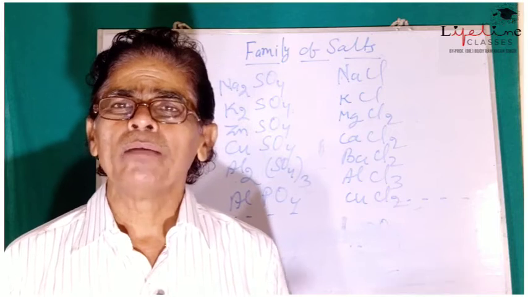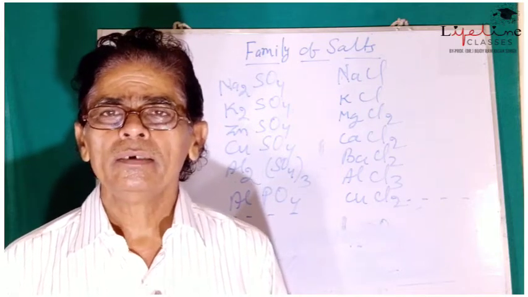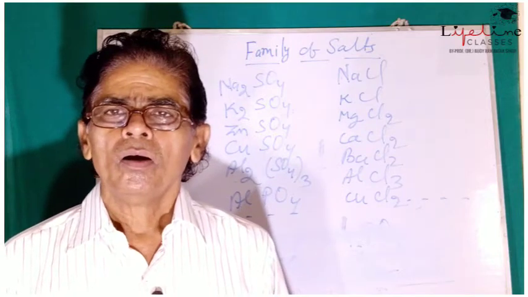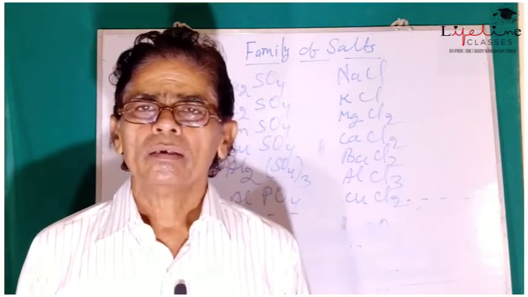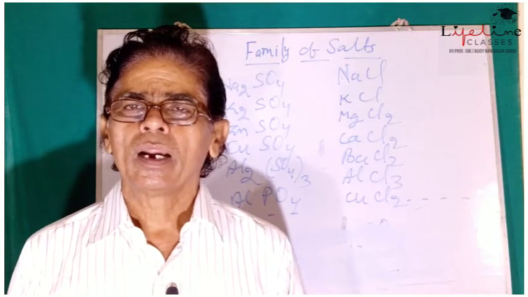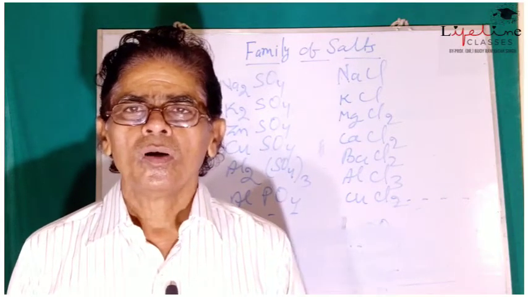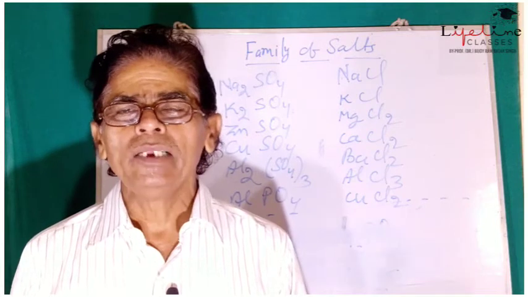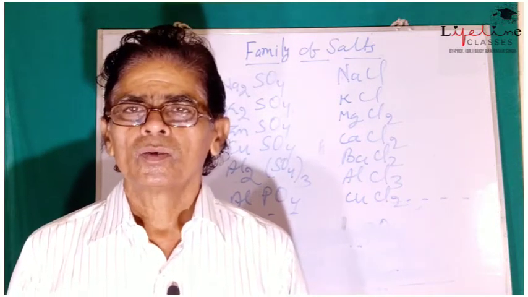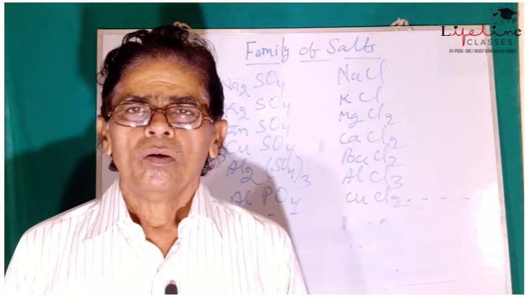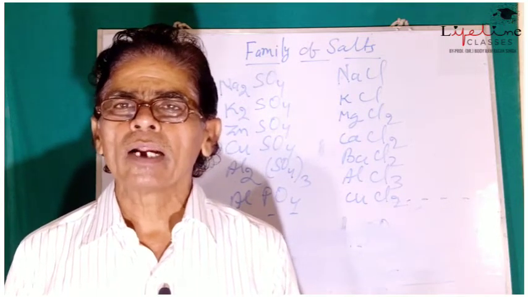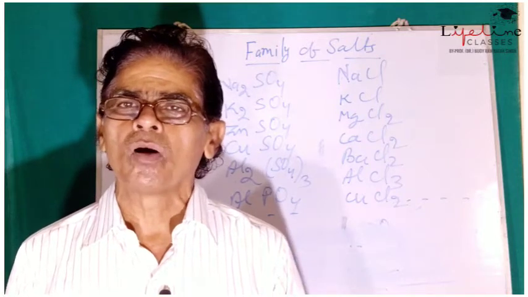But bases like ammonium hydroxide, calcium hydroxide, magnesium hydroxide are weak bases because their entire molecules do not ionize in aqueous medium. So I think you have already understood what strong acids and strong bases are.